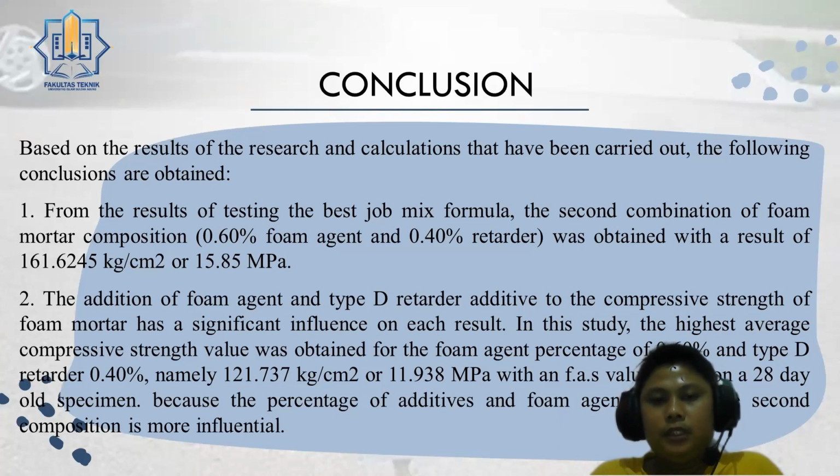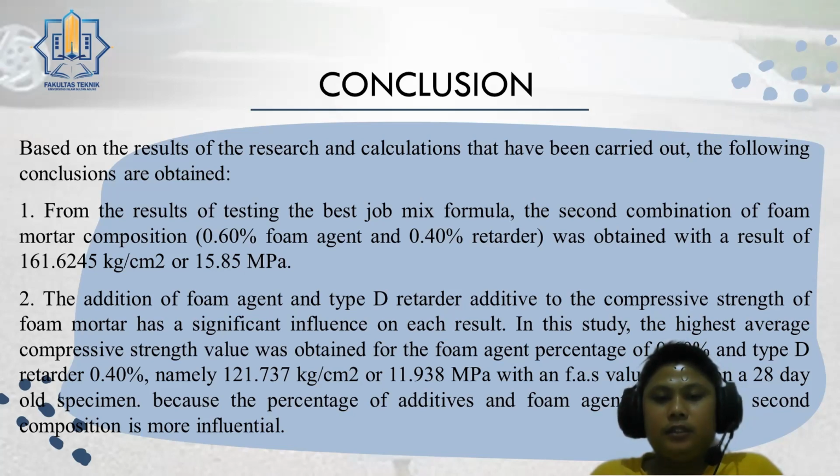The best mixing formula is the second combination of mortar composition, 0.16% foam agent and 0.50% recharger type D, obtained with a result of 161.62 kilograms per square centimeter, or 15.85 MPa.